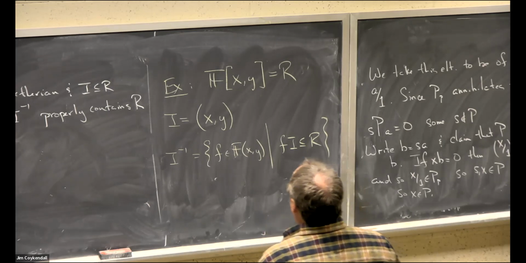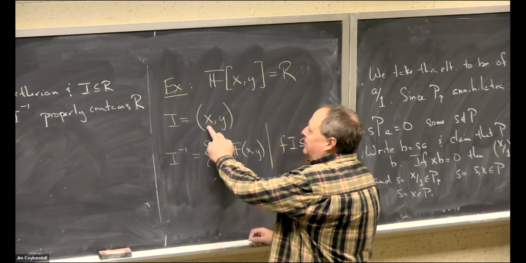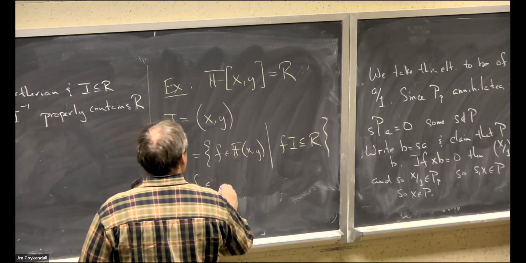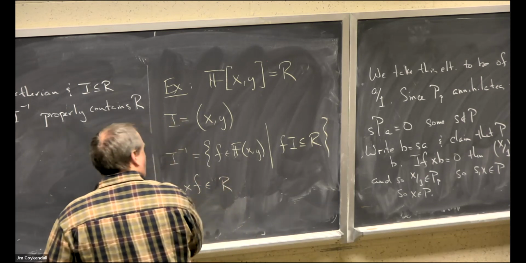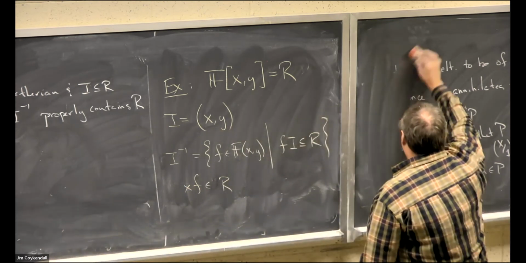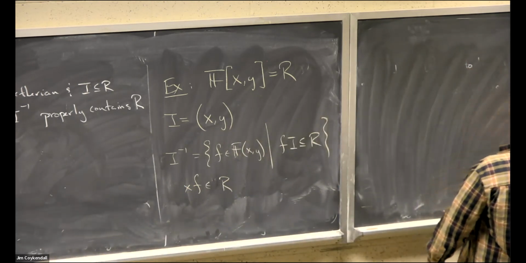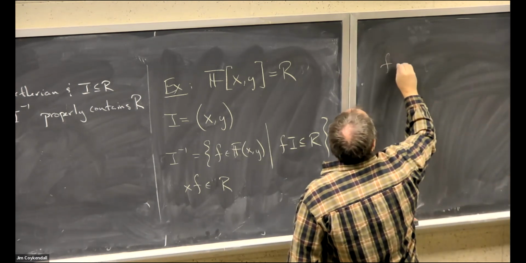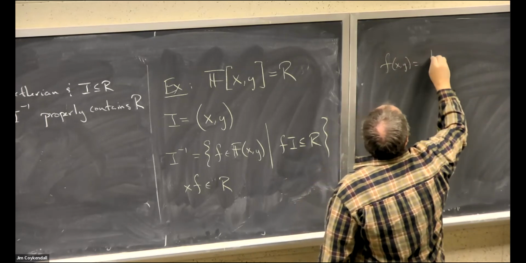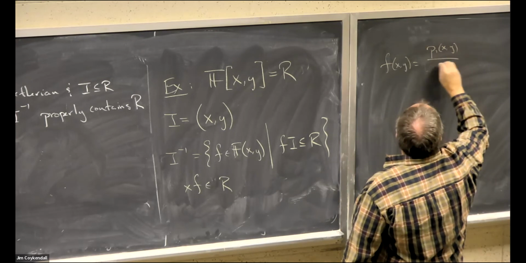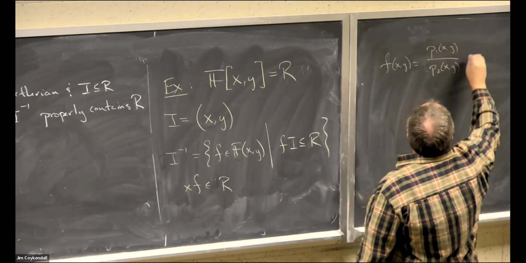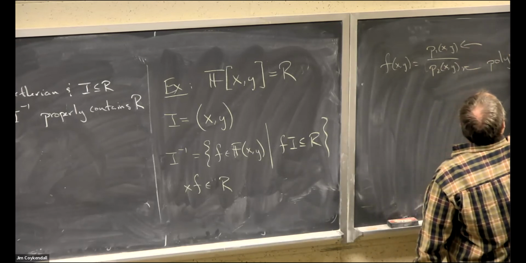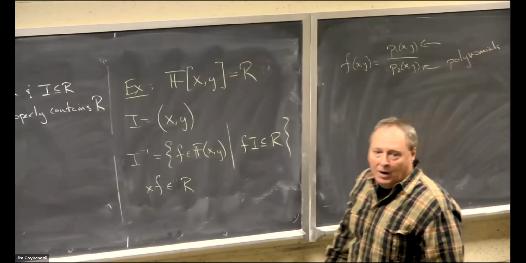And the answer is no, because you need F times X and F times Y in R. So if you write F of X, Y as P1 of X, Y over P2 of X, Y, well, these are polynomials, which you can certainly do.